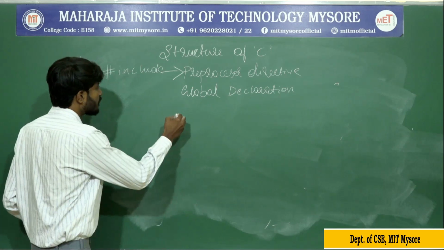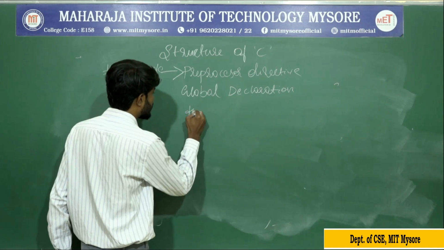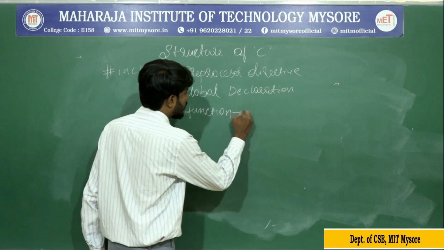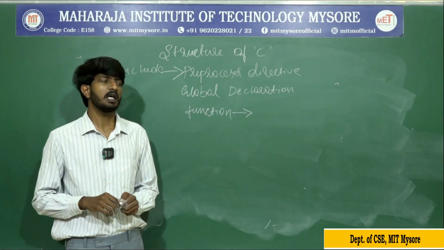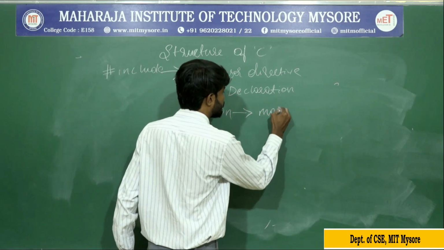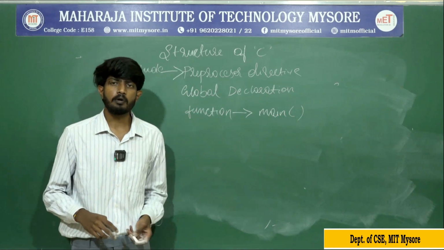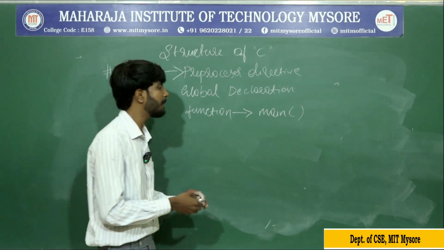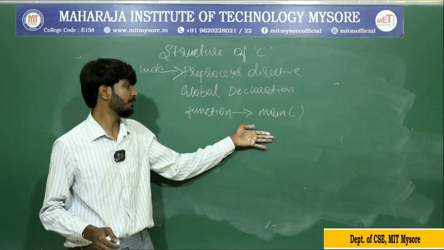Next is the function. In every C program there must be a default function, that is the main function. If you run any C program, the execution will start from the main function itself.